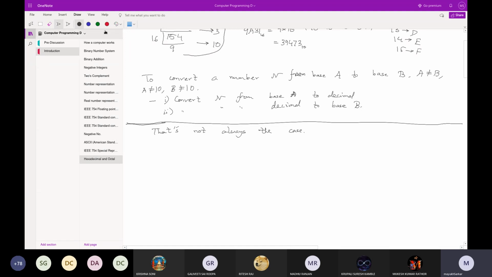The special case is if B turns out to be some integer power of A, that is, B equals A to the power k, where k is an integer.